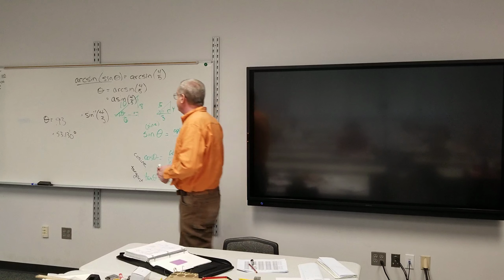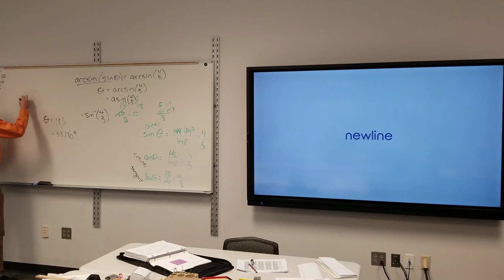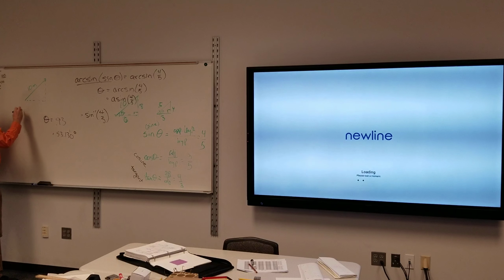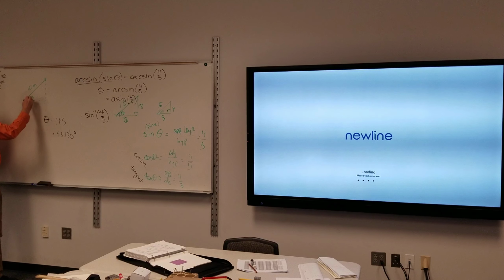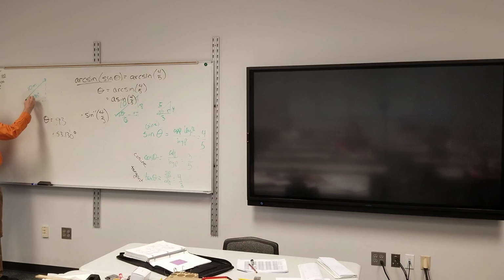All right, so we now have that angle. So let's take a vector here that represents 10 meters. And this is 53.130 degrees.